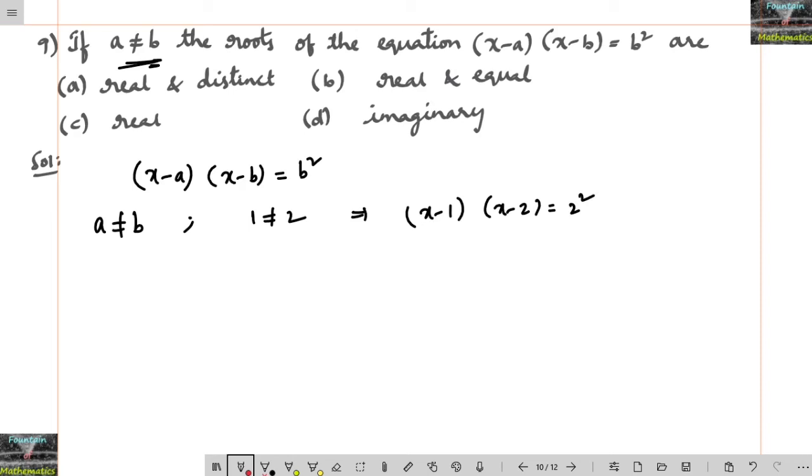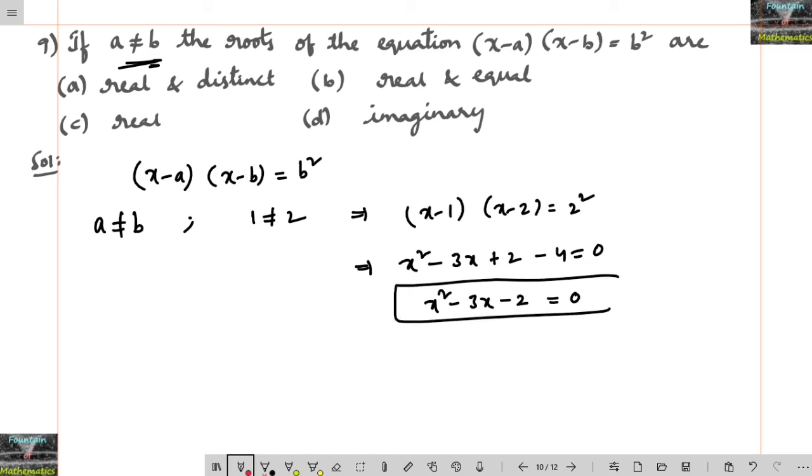To get it solved, because the options are given here, we can verify easily. So this is nothing but x square minus x minus 2x plus 2. 2 square is 4, minus 4 is equal to 0, that is x square minus 3x minus 2 equals 0. So it is a quadratic equation, and let's check whether the roots are real and distinct, real and equal, or imaginary.